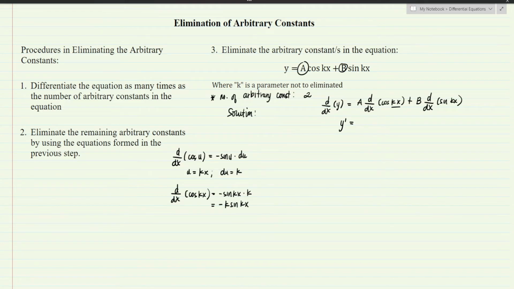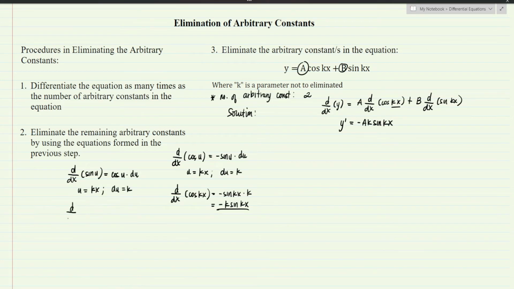Okay. So if I plug in this derivative here, that would be negative a k sine kx. As for the last term, we will use here the derivative of sine u, which is equal to cosine u times du. Our u here is still kx, and its derivative is still k.